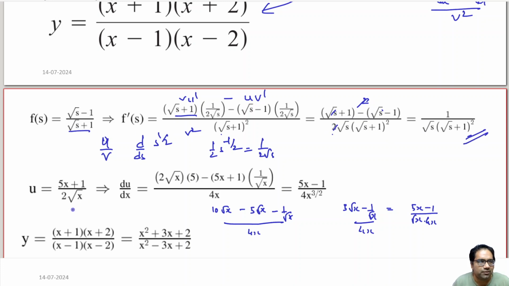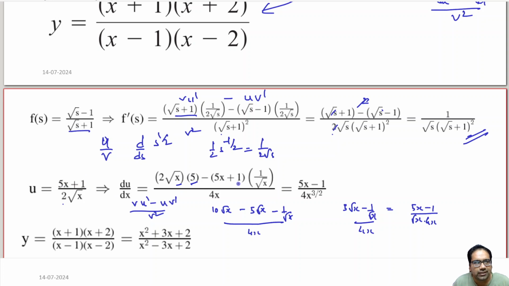In this one, again, v u' minus u v' by v². What is v? 2√x, into u'. The derivative of 5x + 1 is 5, since 5 is constant and dx/dx is 1. The 1 is anyway a constant.